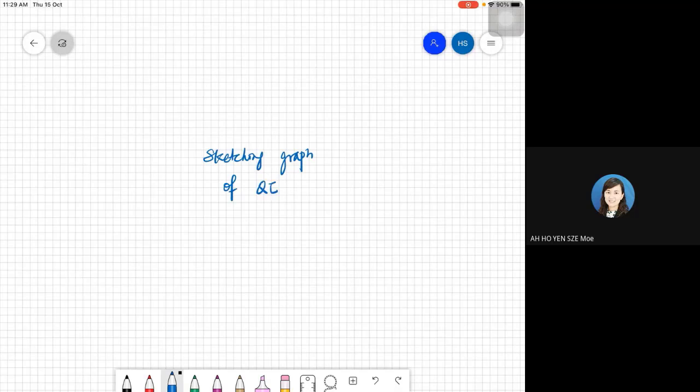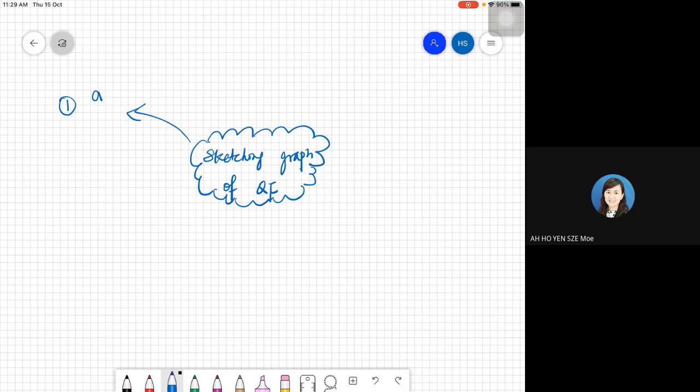First thing you need to determine, number 1, check the value of a, because we need to know the shape of the graph. You must make sure of the value of a.